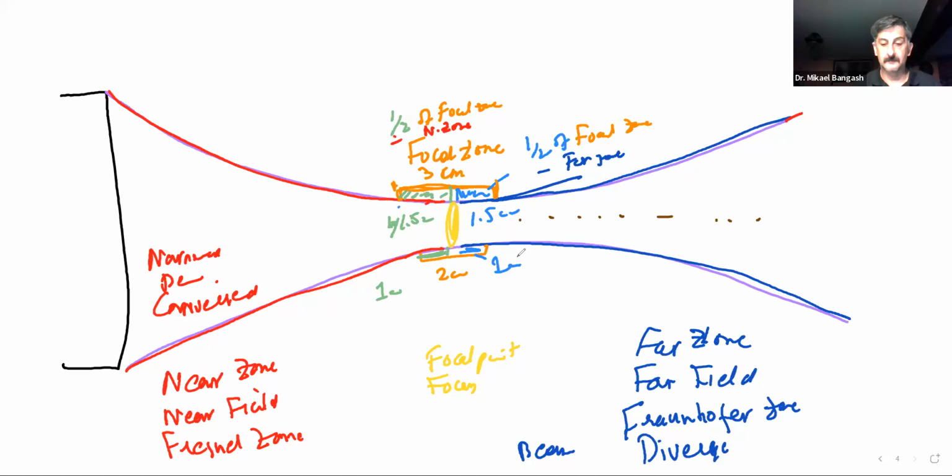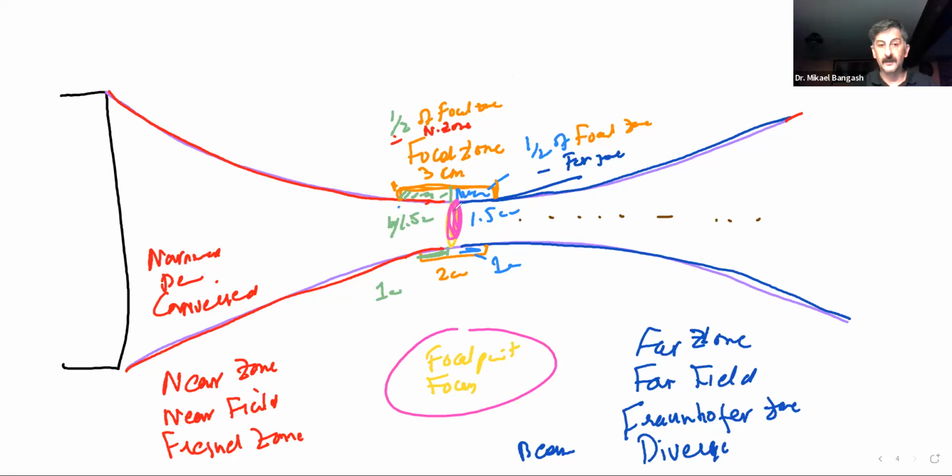Did that make sense? Pretty much, in the middle of your focal zone is the focus, or the focal point. We can say that the focal point or the focus is the area of the beam that is going to do what?